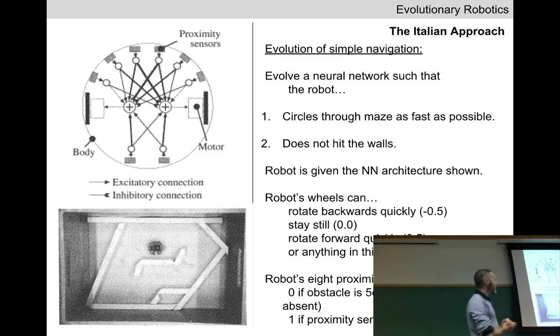So the experimenters connected the 8 sensors to the 2 motors. They also set whether each of these 8 times 2, or 16, synapses were excitatory or inhibitory. They're going to allow evolution to evolve the weights themselves, the magnitude of the weight of influence, but they're going to set them to be excitatory or inhibitory.